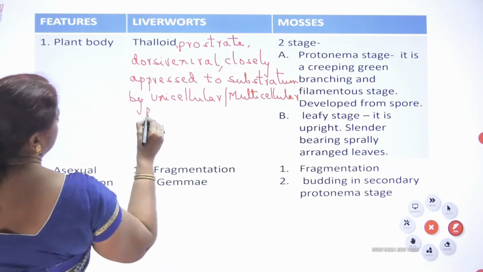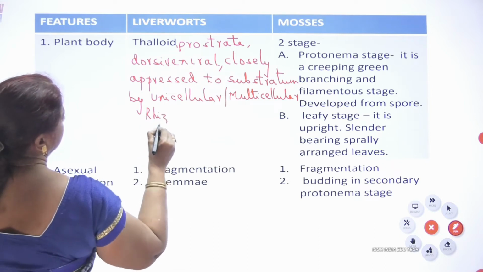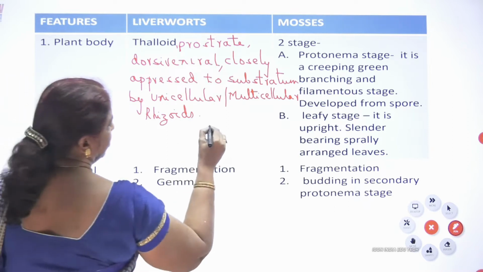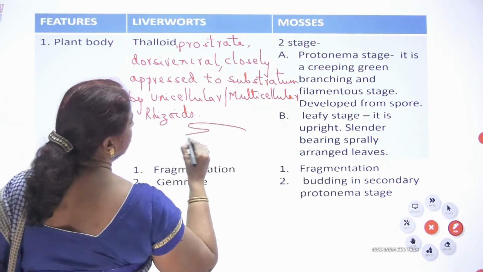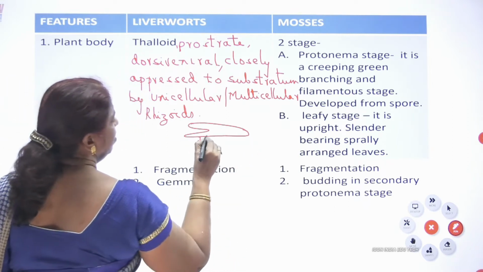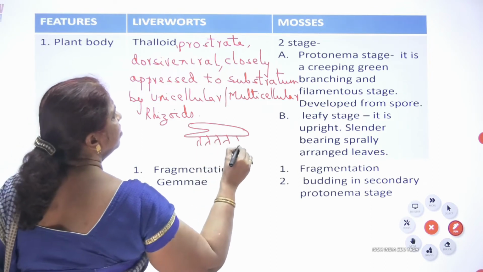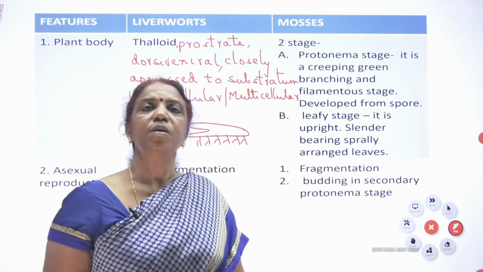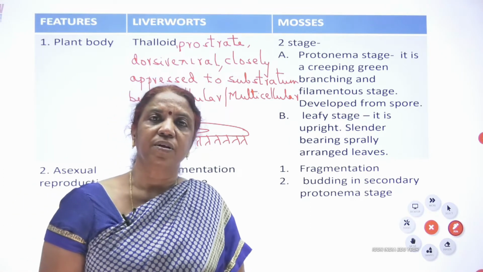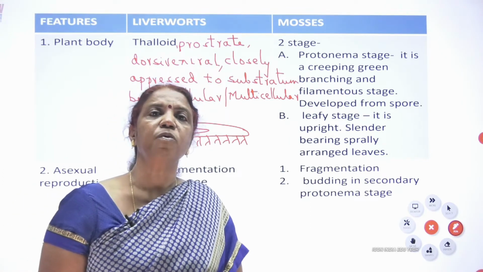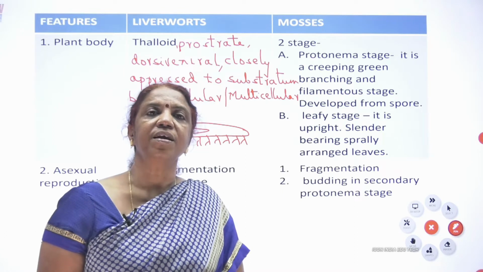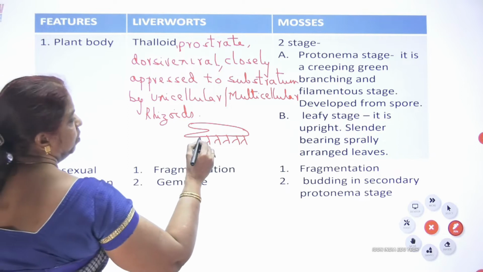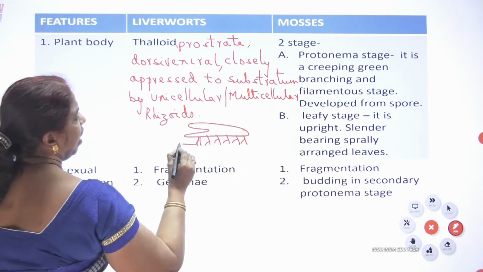So this is the thalloid nature. The thallus is prostrate, dorsiventral and closely appressed, attached to the substratum by rhizoids. In which type of bryophytes is this seen? In the case of liverworts. So, in liverworts, the plant body is thalloid.